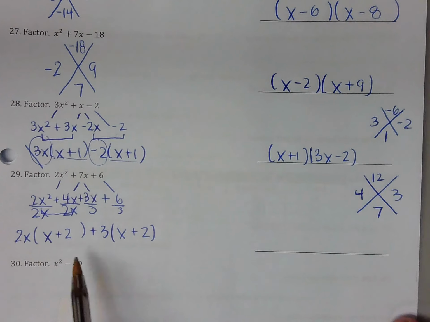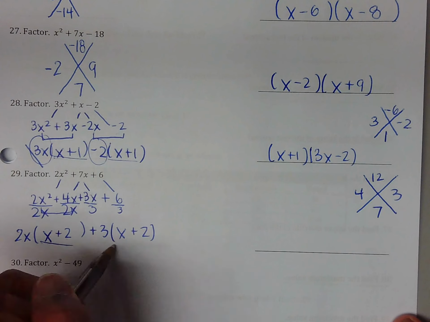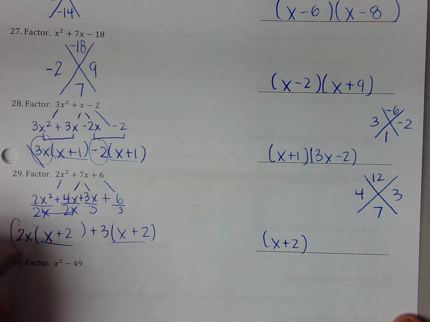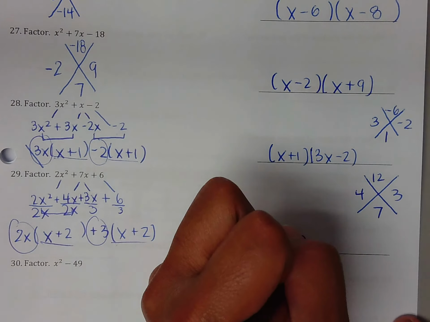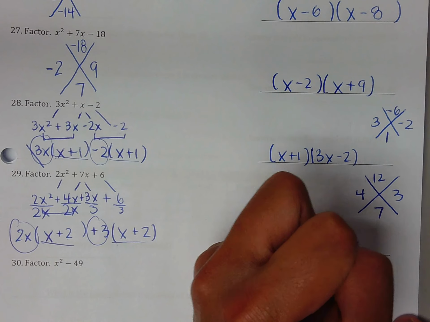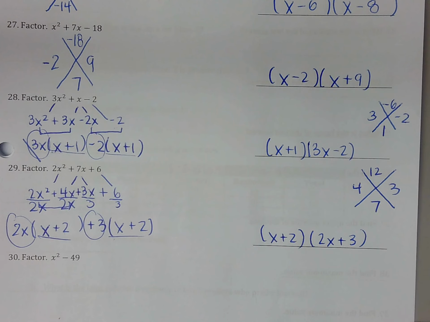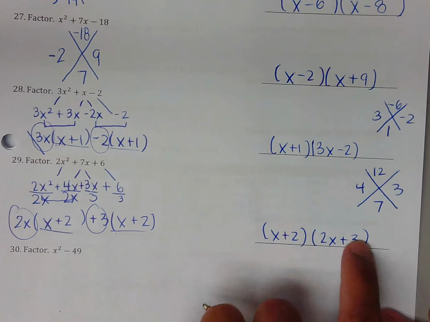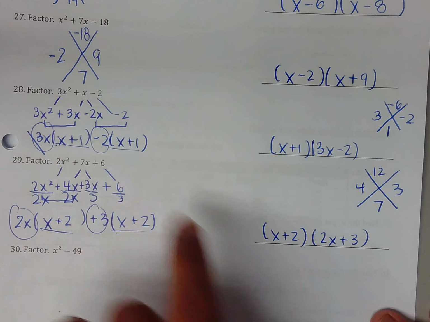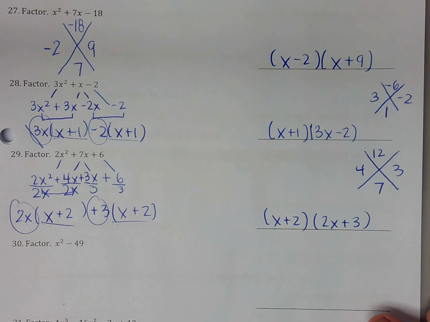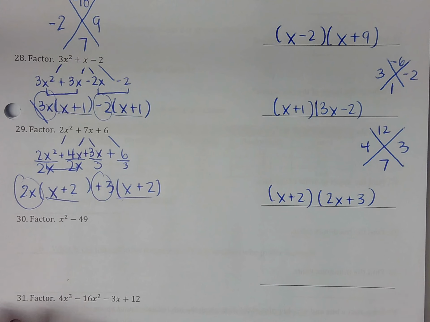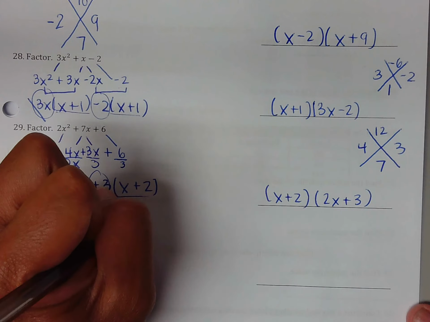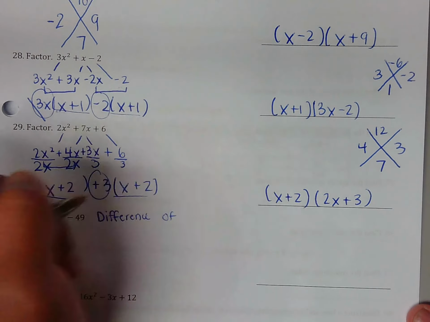All right, so for our final answer, we have x plus 2 in common. And then what else do they have? 2x plus 3. Final factored form. So remember, if we multiply this out, we should get back to our original question. All right, 30. This is where we use the difference of squares.